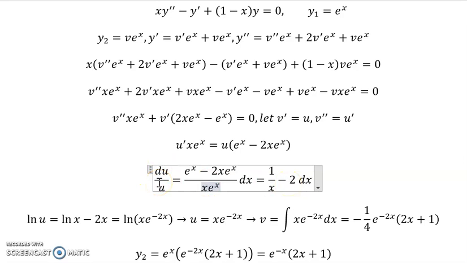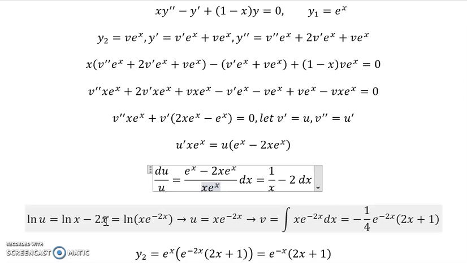And so now we are going to integrate. We're going to integrate du over u, and we're going to integrate 1 over x minus 2. The antiderivative of du over u is the natural log of u. And when we integrate over here, we get the natural log of x minus 2x.